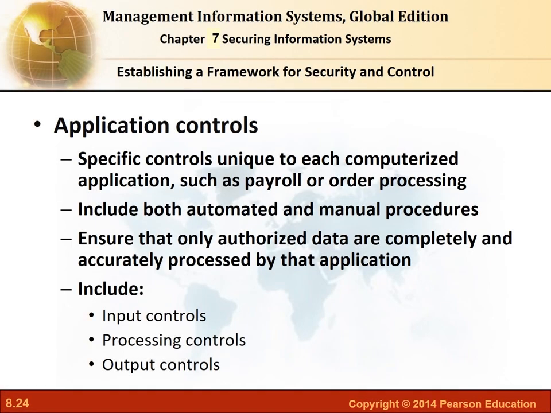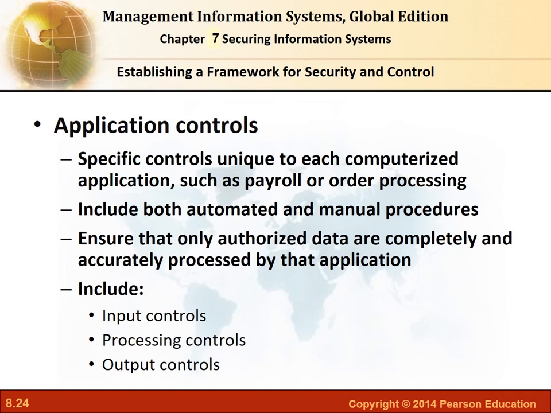This slide examines the second type of information system controls, which is application controls. Application controls include both automated and manual procedures that ensure that only authorized data are completely and accurately processed by that application. Application controls can be classified as input controls, processing controls, and output controls. Input controls check data for accuracy and completeness when they enter the system.